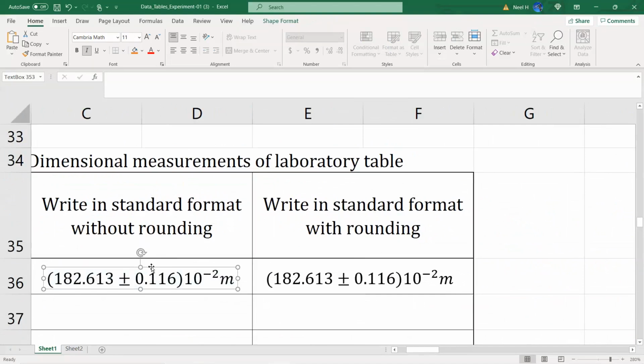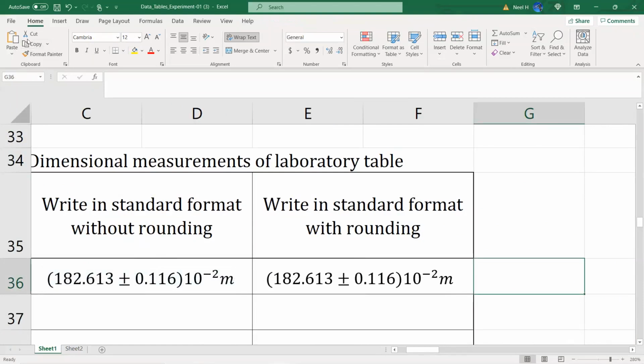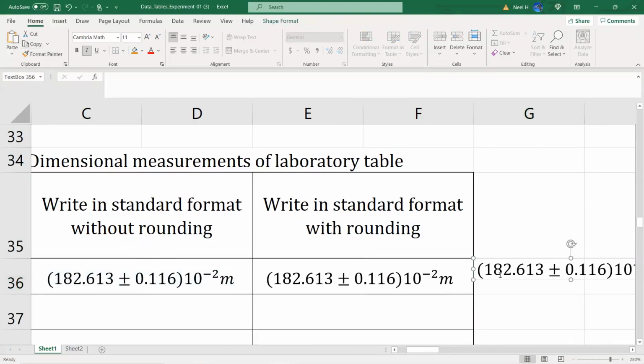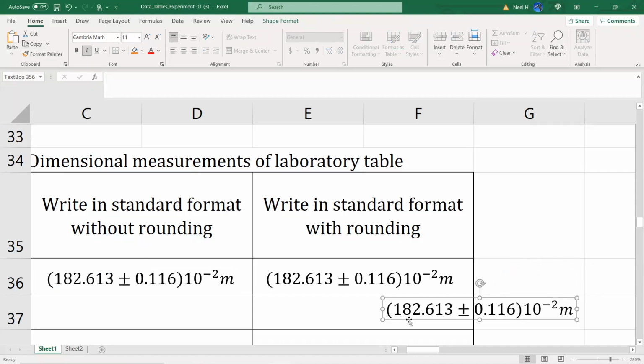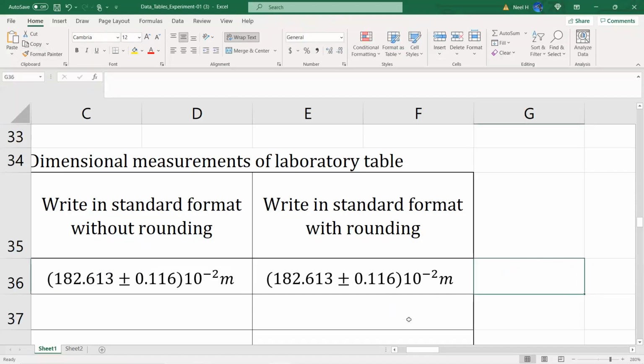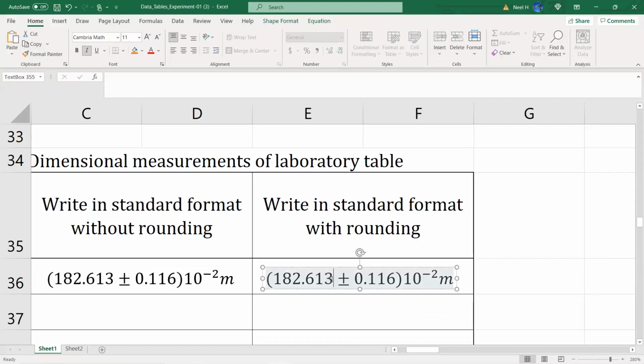When that sign appears, click, then it's selected. Then you click copy, select anywhere on the page, and then paste it. Then you can make a copy of that same equation, because when I do the second one, I don't need to write everything new. I just need to get rid of the last decimal place. Make sure the rounding is right.